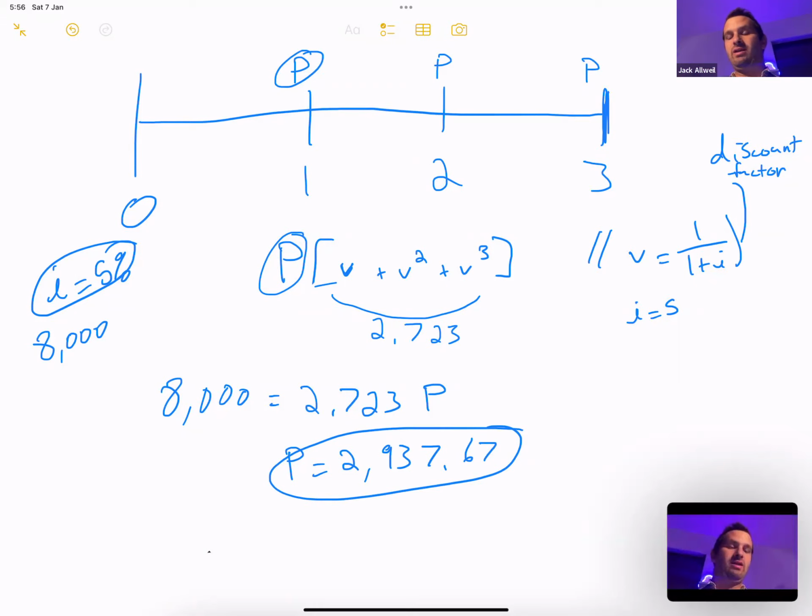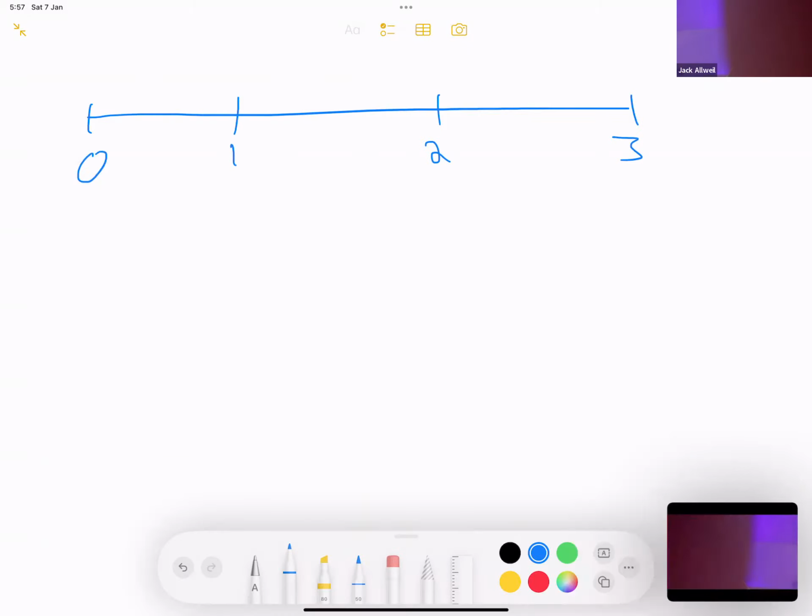Let's look at how the loan progresses over time to make sure this makes sense to us. Our balance at the beginning is $8,000, and we'll say beginning of period 1.